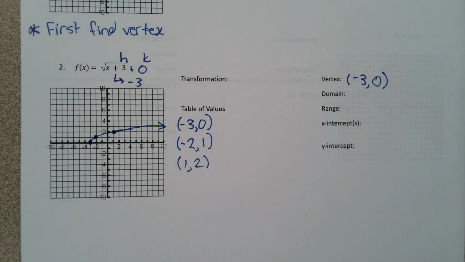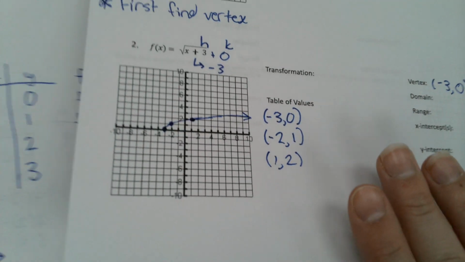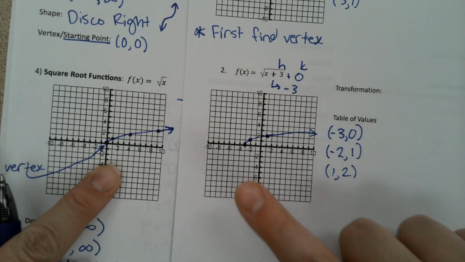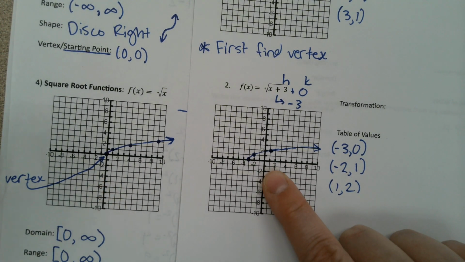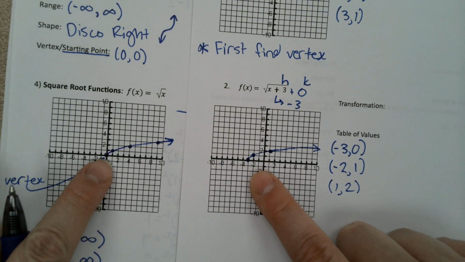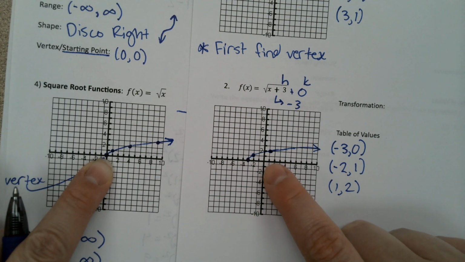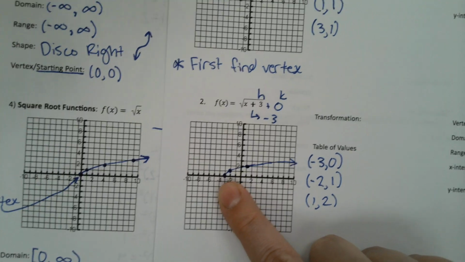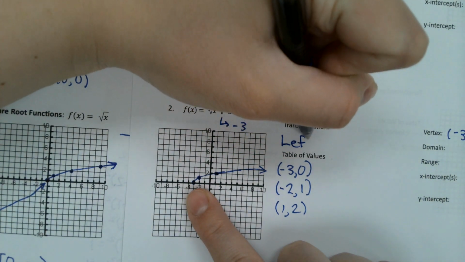Okay, let's observe what happened here. Again, here we have the original, and here is the new graph. As you can see, the original starts at the origin, 0, 0, and the new graph moved 3 to the left. So our transformation is left 3.